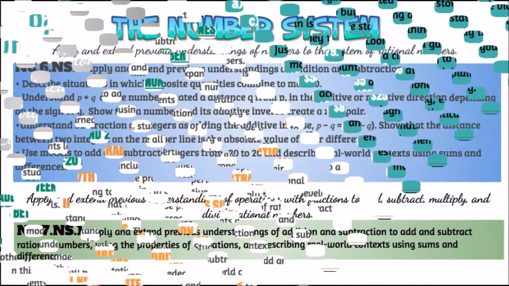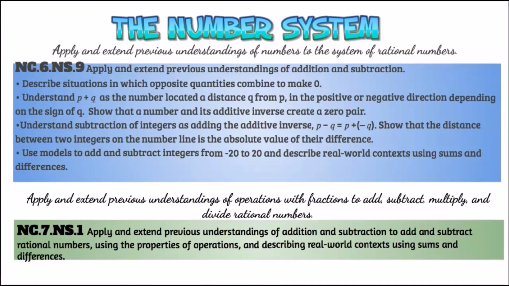In 6th grade, students were applying their previous understandings of addition and subtraction, and they were talking about zero pairs. They were only using integers, and they were only going from negative 20 to 20. In 7th grade, we now extend to rational numbers, which are fractions, positive and negative whole numbers, numbers below negative 20, numbers larger than positive 20, and they're also dealing with real-world context so that they can develop some rules.